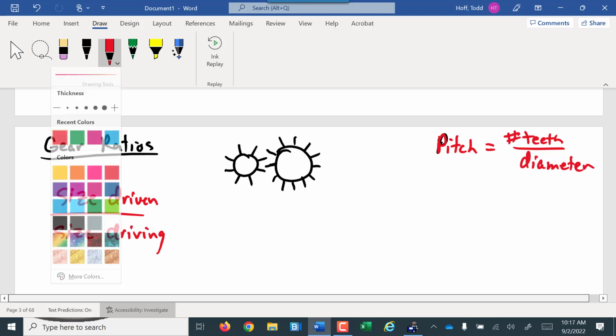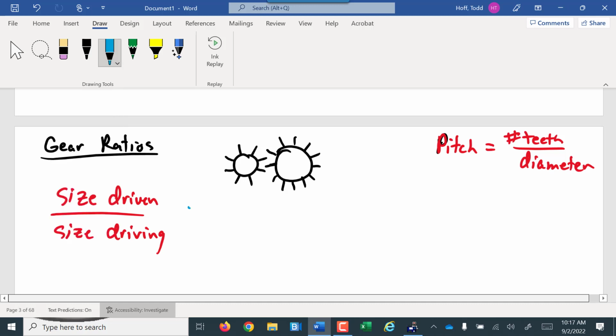Only we don't have to measure diameters to get those sizes anymore. We just count the teeth. So it's the teeth on the driven gear to the teeth on the driving gear, the motor gear. We use the M. So up here, again, pretend that looks like a little electric motor.